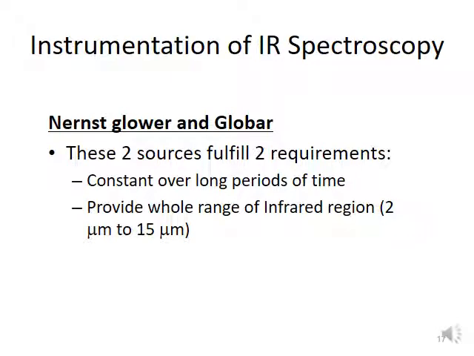These two sources of infrared fulfill two requirements: both are constant over long periods of time and both can provide the whole range of infrared regions from 2 micrometers to 15 micrometers.